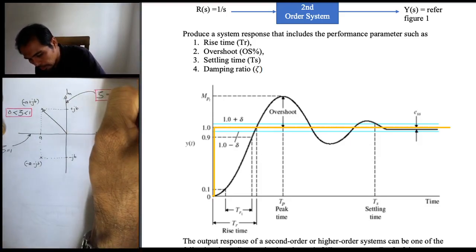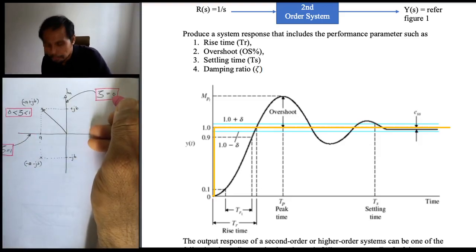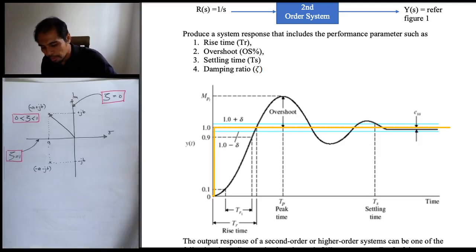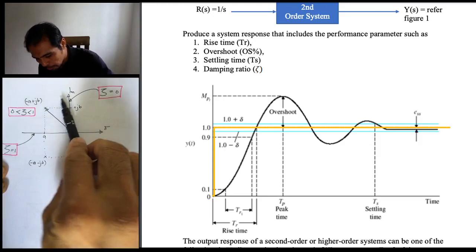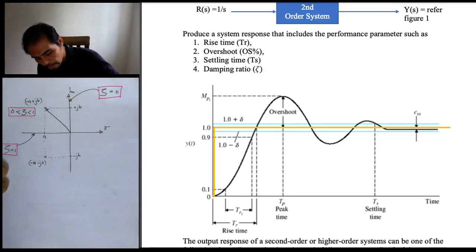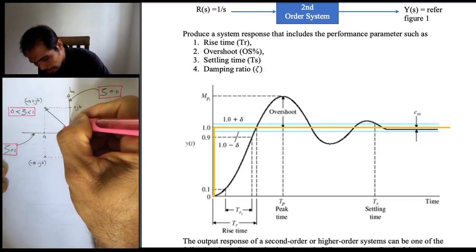If it is on the imaginary axis, it is undamped, it is 0. Okay, now we can say something about this. If this vector moves to that, that creates the angle. Okay, the angle there. So that's 90.